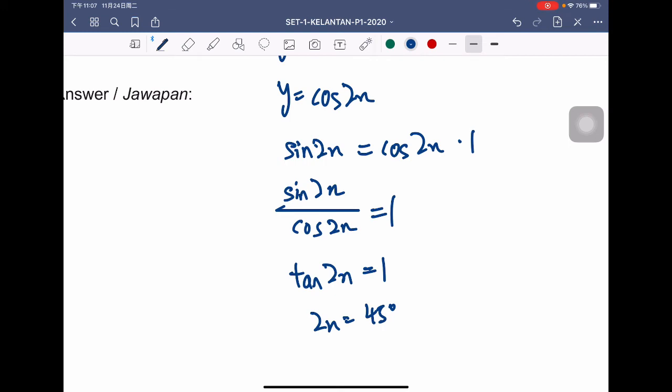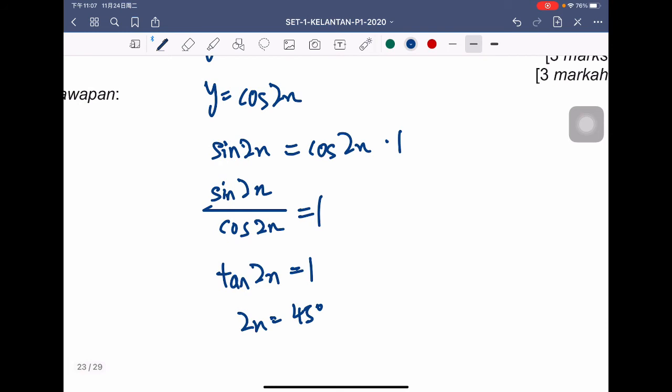However, the answer of tan 2x here is positive. It means that the angle is in the first quadrant and the third quadrant. So for the first quadrant, you just use the value of 2x, which is 45 degrees.